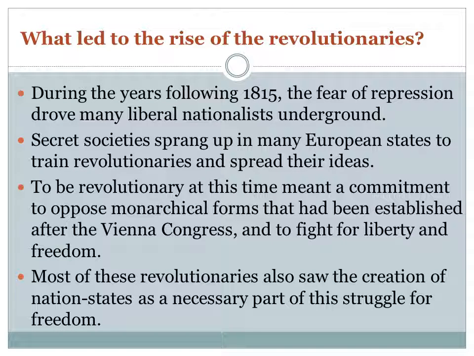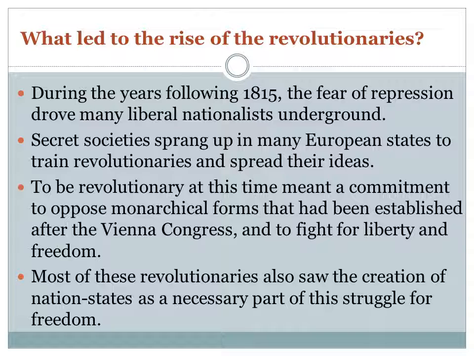Now, the next one, the revolutionaries. What led to the rise of revolutionaries? During the years following 1815, the fear of repression drove many liberal nationalists underground. Secret societies sprang up in many European states to train revolutionaries and spread their ideas.